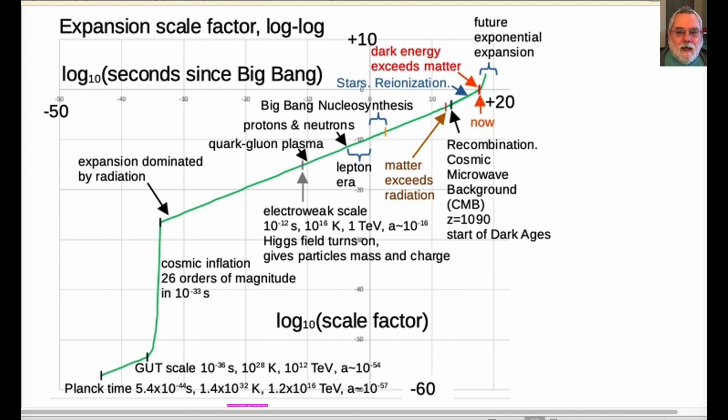The universe cannot be considered smooth at that time, and general relativity does not apply. Supplemental video number 7 discusses Planck units.